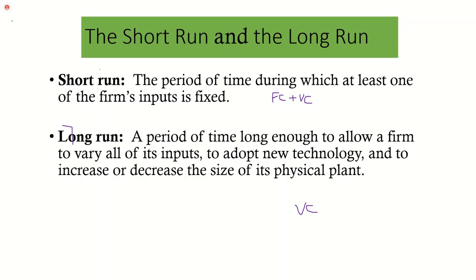Like I said, if you ask me how long the short run is, there's no one answer. It depends on the type of farm. For example, for a small scale farmer, the short run might be 5 years. In 5 years he can't change his land extent, he can't change his machinery, because he can't afford it.